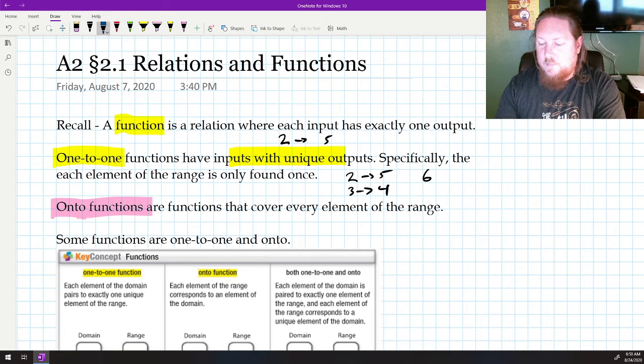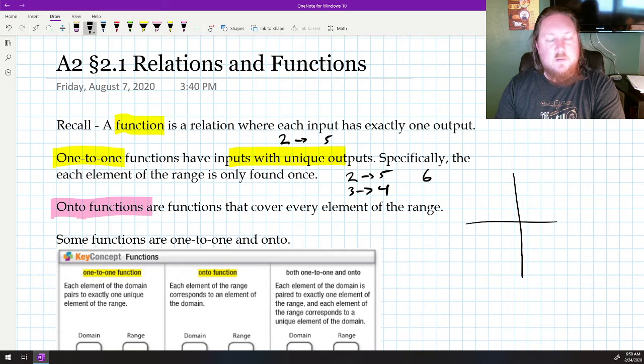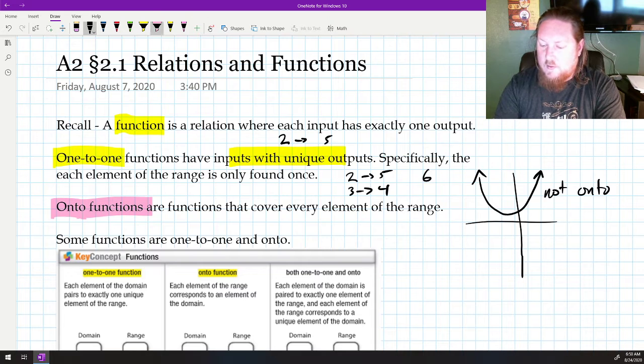So, for example, if the entire range is the y-axis, and I draw a quadratic, this is not onto, because there are all of these y-coordinates down below it that never got hit.